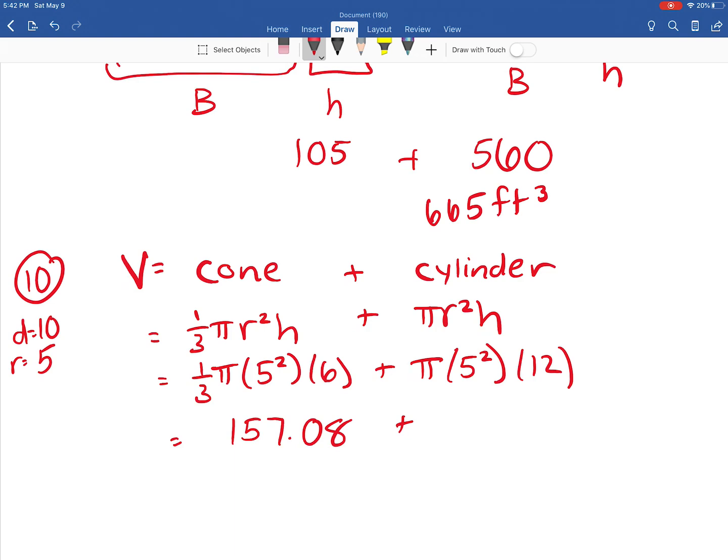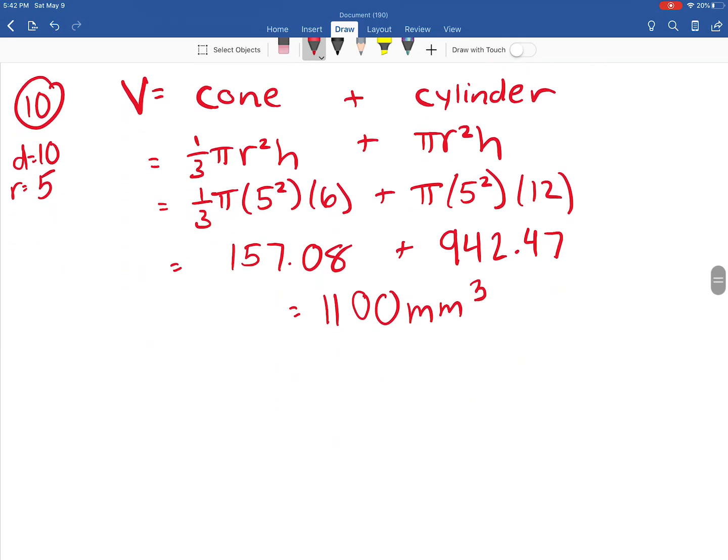Exponents first again, 5 squared times 12 times pi. Add them together, and round to the nearest whole number, 1,100 millimeters cubed.